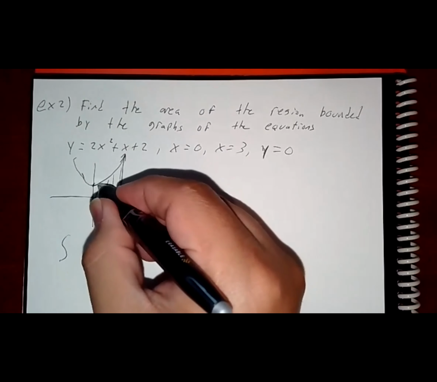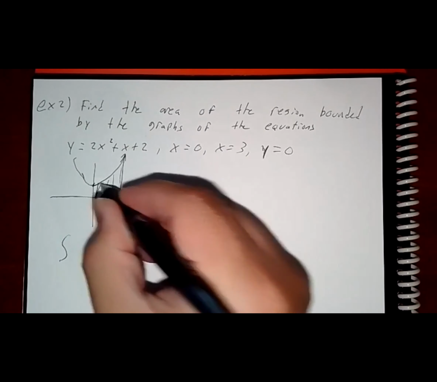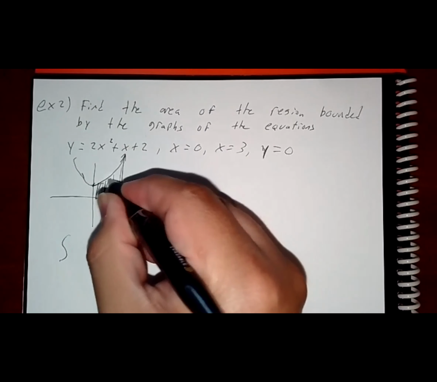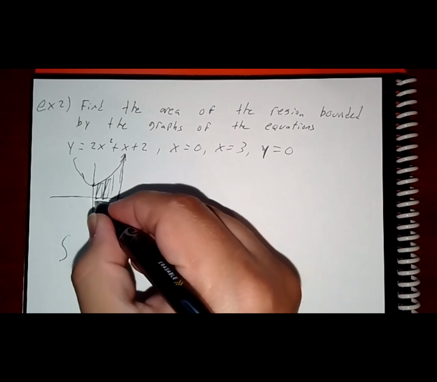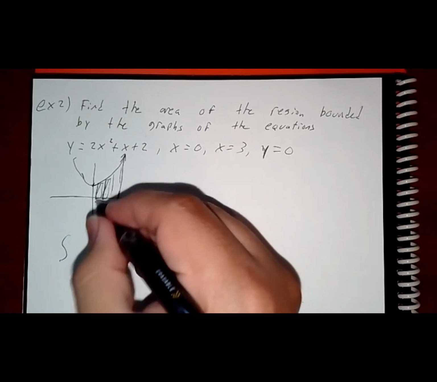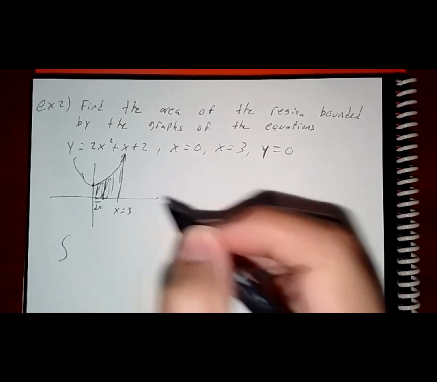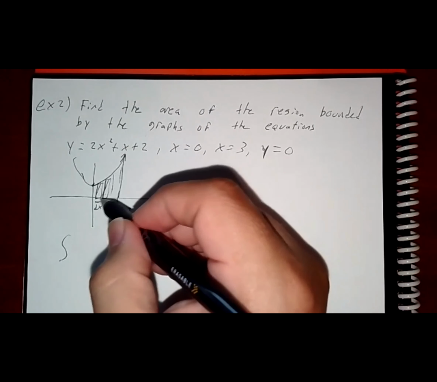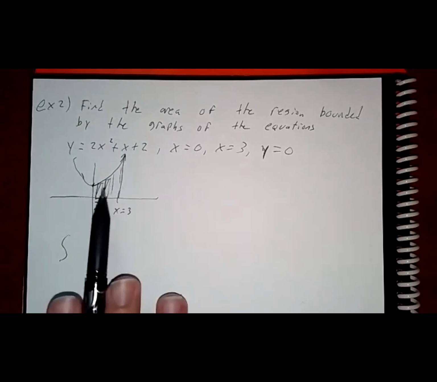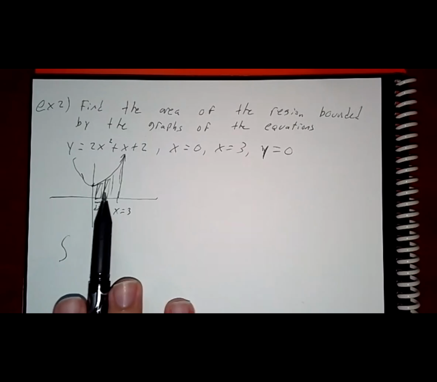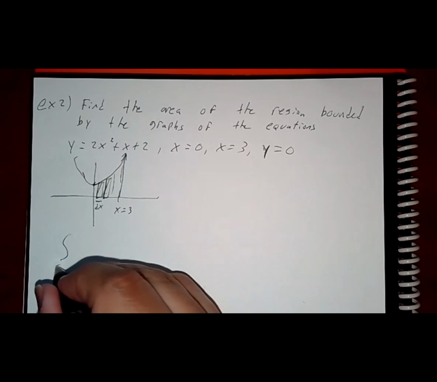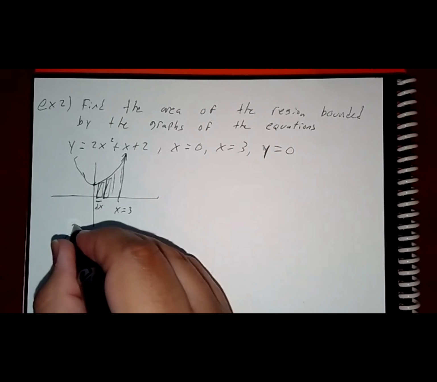So what I want you to do is picture little rectangles here. If the rectangles are facing up and down, which we'll later talk about more in depth, that's going to be your delta x. So we're integrating from 0 all the way to 3. The bounds are chosen by looking at the graph.